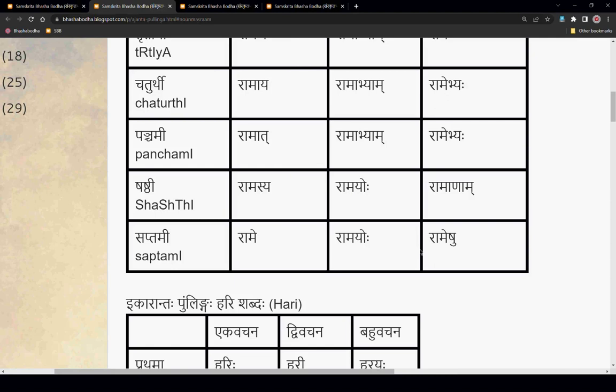Like for example, I bow in the feet of Guru. Okay, let's form the sentence. I bow in the two feet of Guru. Who wants to try it?